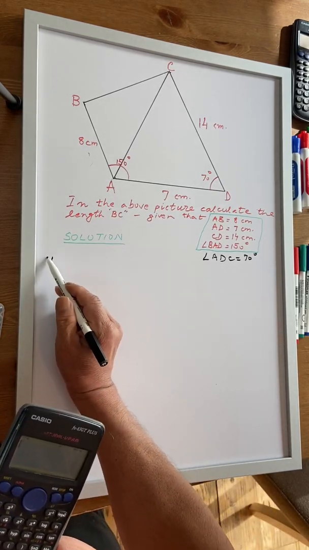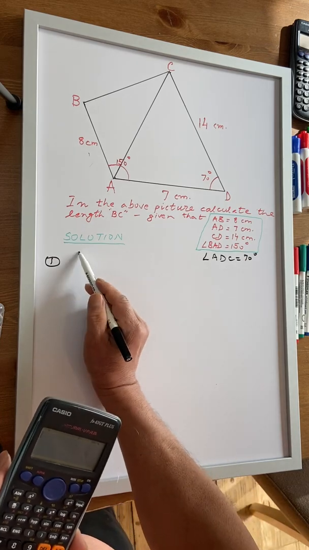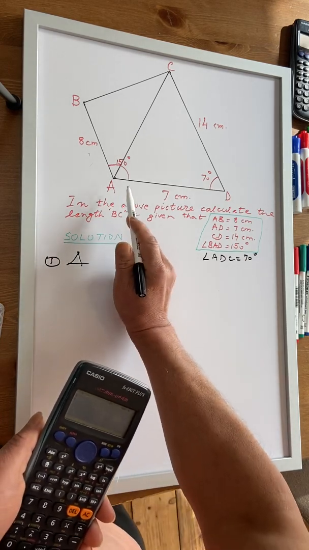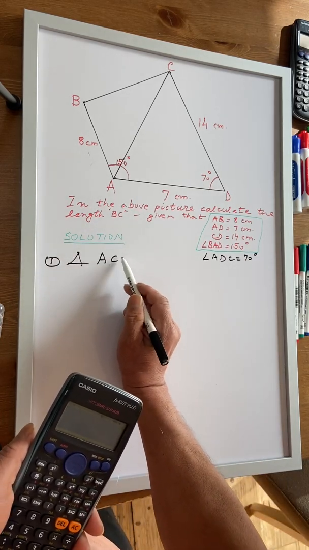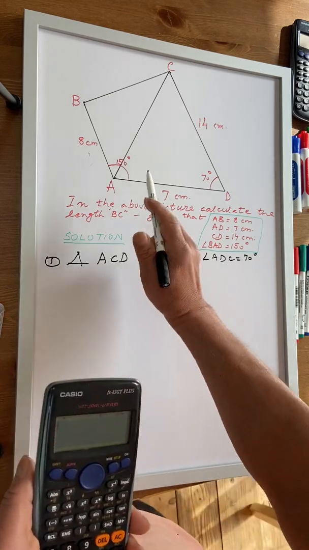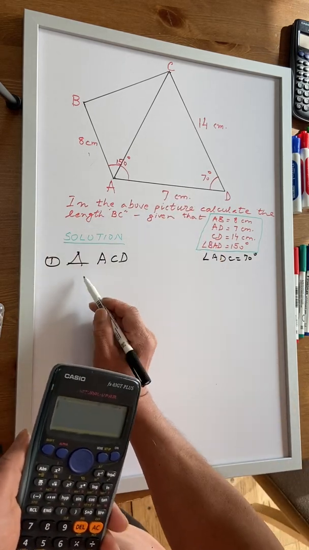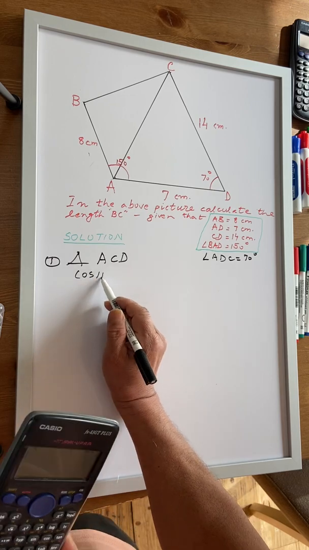First step is we will go to this triangle ACD, and we are aware that there is a cosine rule formula. I'll write it down for you.